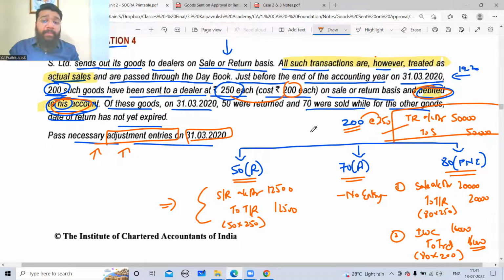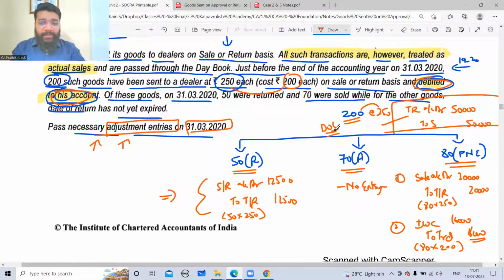You can write this entry, but you cannot write it on March 31st, because it would have taken place earlier, on the date of sending the goods. That will be wrong. Marks are not allocated for that, so they should not reduce. But you never know, if anybody reduces, we cannot challenge it. So let's not take that risk.